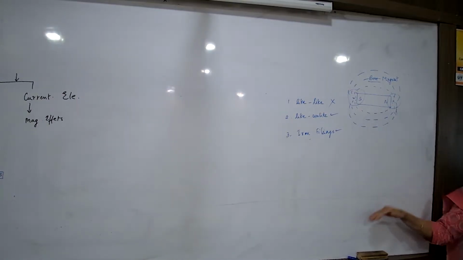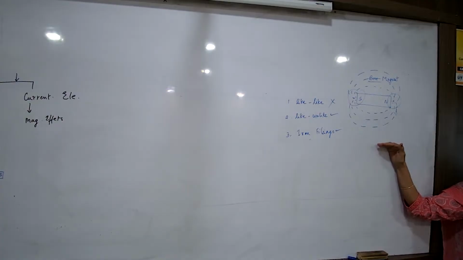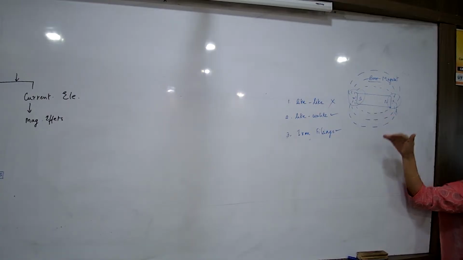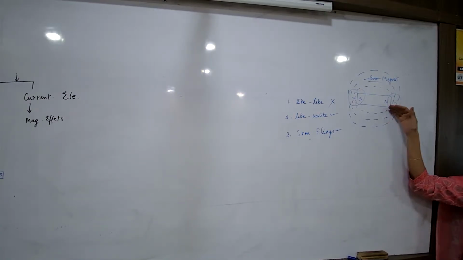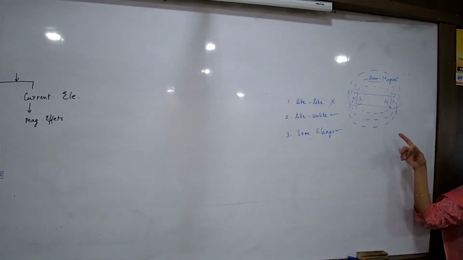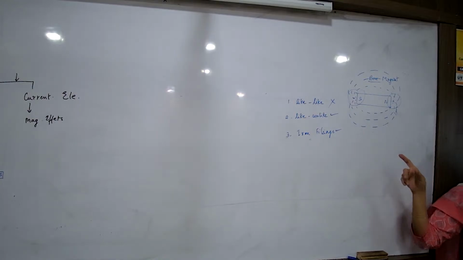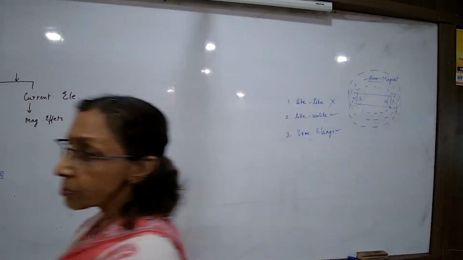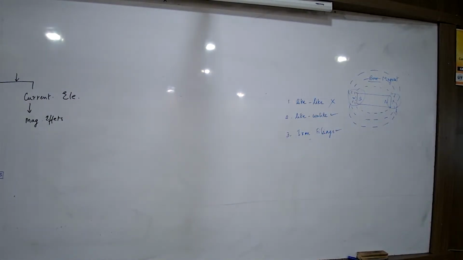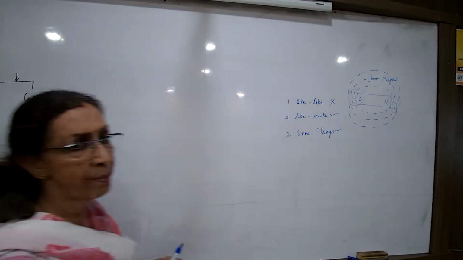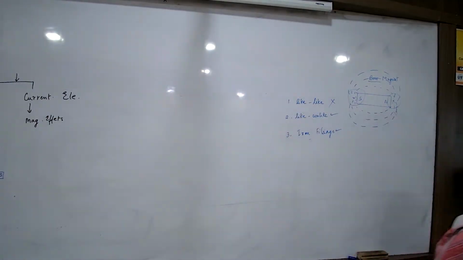So as you're coming closer and closer, the strength of the magnetic field will increase. Is that okay? Has everyone followed this much? I want you to be very thorough with this because constantly we will talk about the strength of the magnetic field. What happens when you are coming closer? What happens when you are going away?